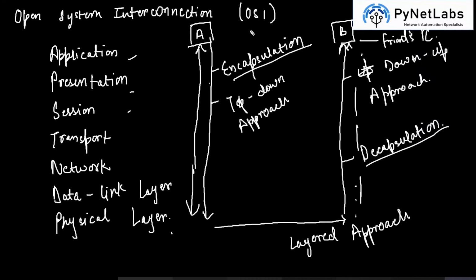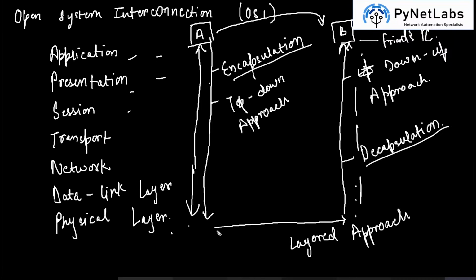So when you try to share some files with your friend B, the file first of all will go over these layers, and with every layer it will encapsulate some data. What does it mean to encapsulate data? It will attach some data with it until it reaches the physical layer, which is the last layer.